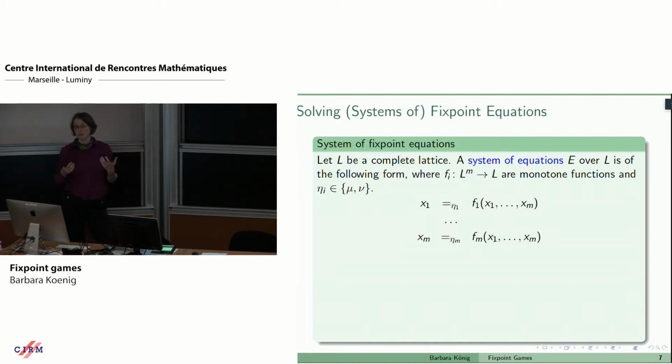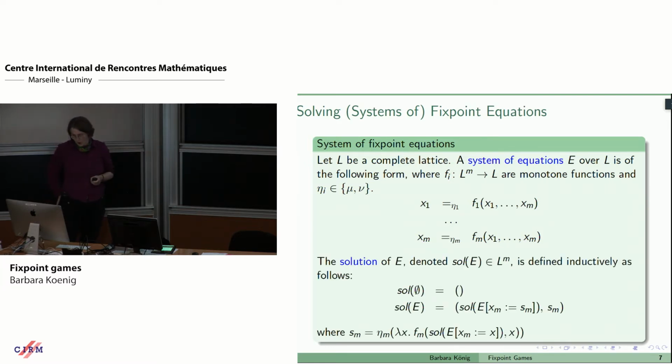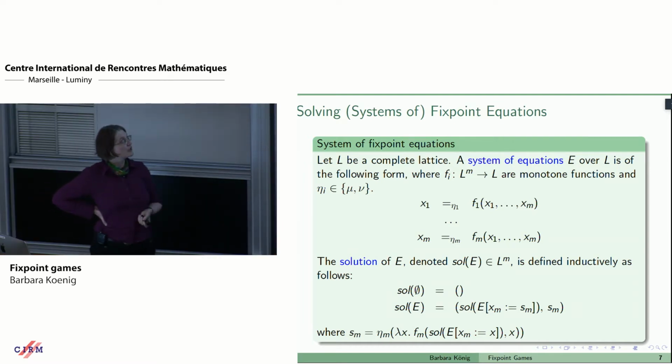In mu calculus terms, it is basically just another representation of this type of fixed point equation system. Here this is more general in that we take arbitrary functions and almost arbitrary complete lattices. But you can also write this down as a term, like nested fixed points as you would have in mu calculus.